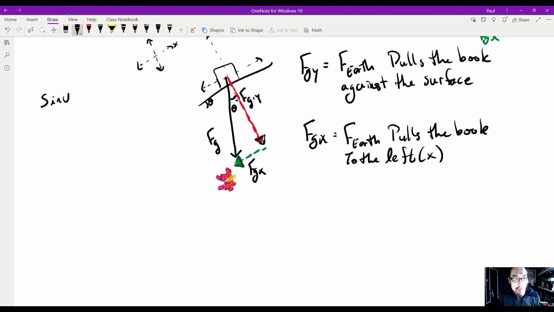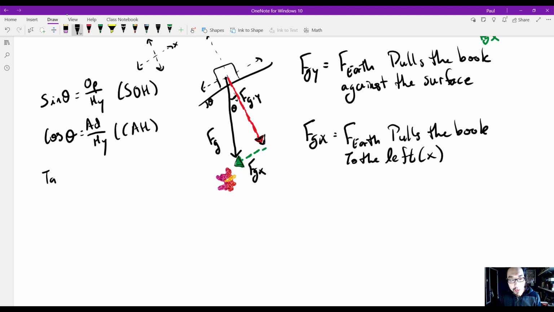So sine of theta is opposite over hypotenuse. You might hear me call this SOH. And then we have the cosine of theta, which is adjacent over the hypotenuse. You might hear me call this CAH. And then we have the tangent of the angle, which is opposite over adjacent.